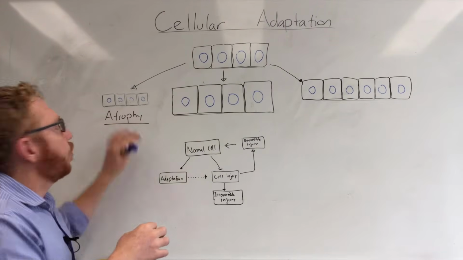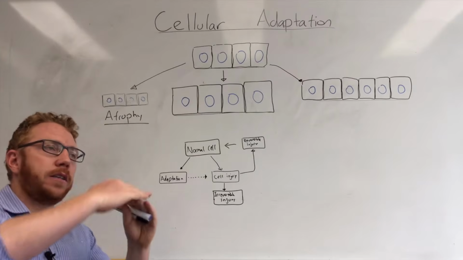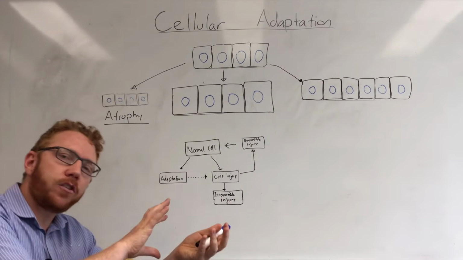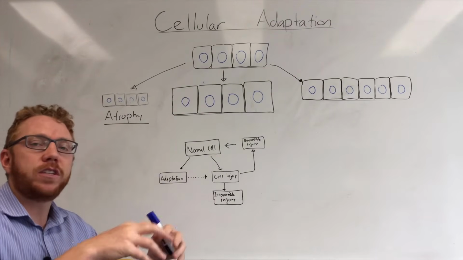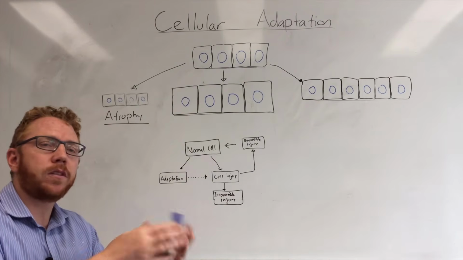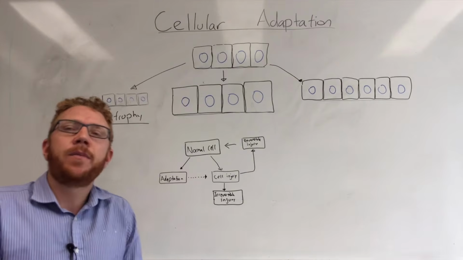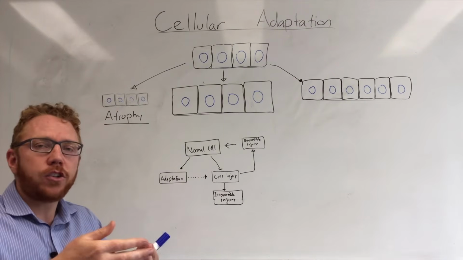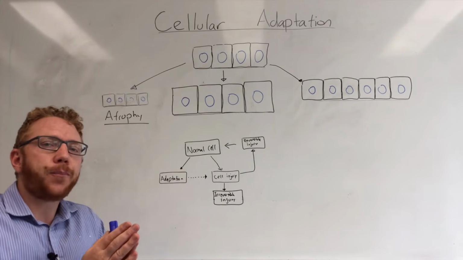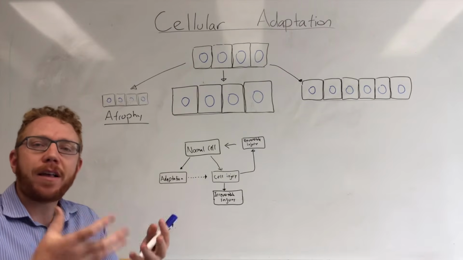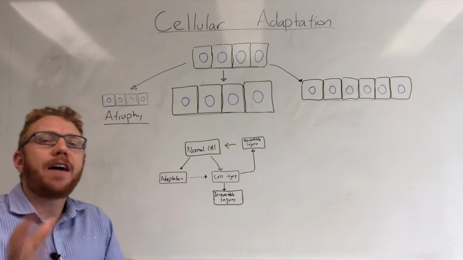So the way that atrophy can be categorized is in 2 ways. Either physiological atrophy, which is a normal response to a stimulus, or a pathophysiological response, which is more disease-like. An example of a physiological atrophy would be, let's say, the muscles in the uterus after pregnancy.